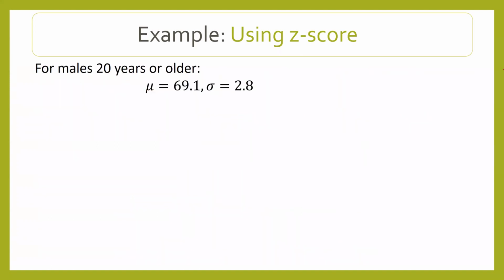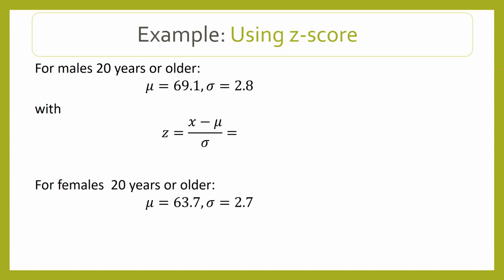For males 20 years or older, the mean is 69.1 and the standard deviation is 2.8, so we can compute the Z-score for any male 20 years or older. The same for females 20 years or older, where the mean is 63.7 and the standard deviation is 2.7.